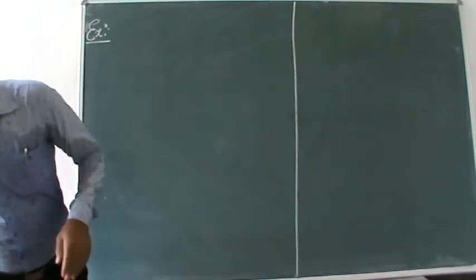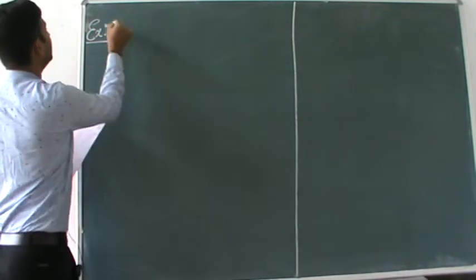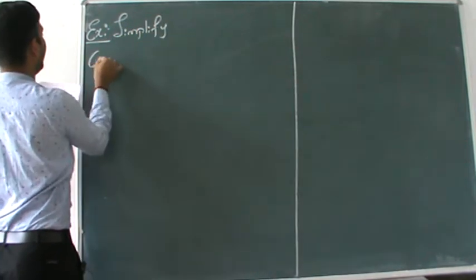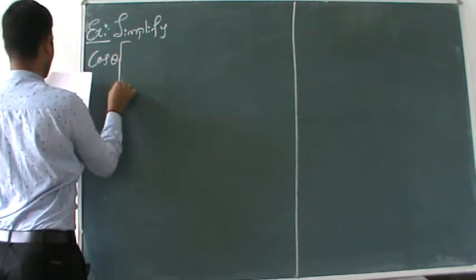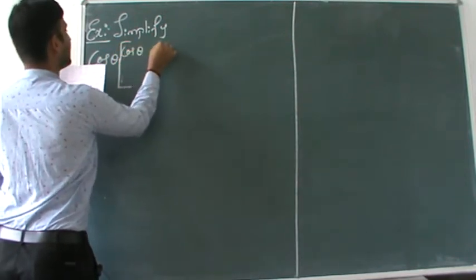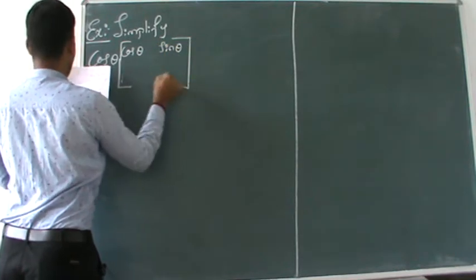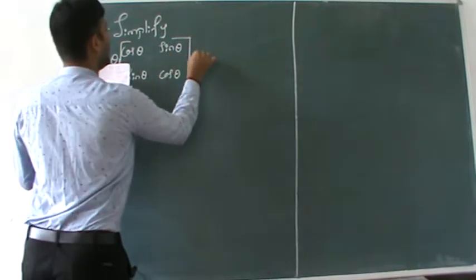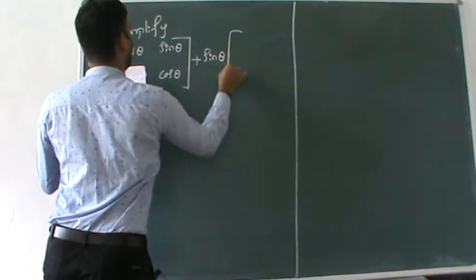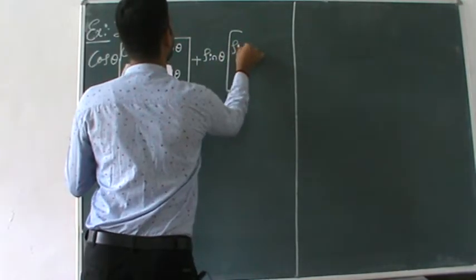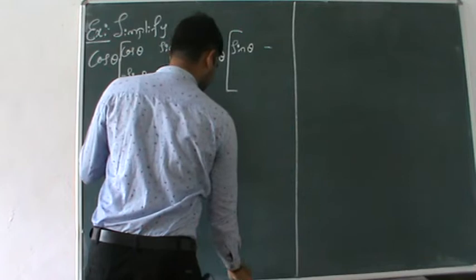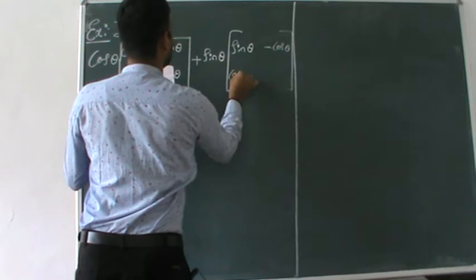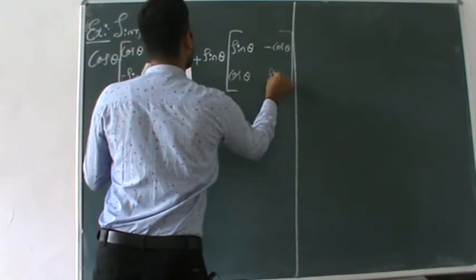I will take one more example, that is: simplify cos theta, sin theta, minus sin theta, cos theta, plus sin theta into the matrix whose elements are sin theta, minus cos theta, cos theta, sin theta.